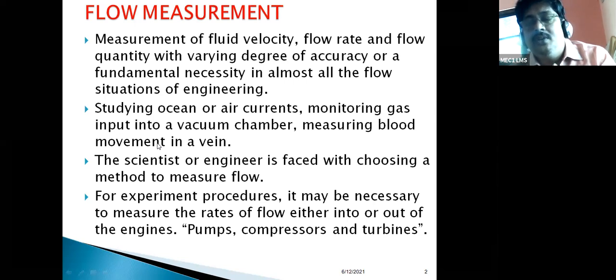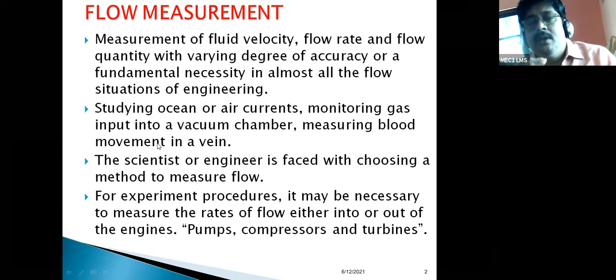But here you can go for a device that measures the flow rate directly, that means the discharge. So flow measurement is nothing but the measurement of the flow. That is, how much quantity of liquid is discharging from one section.